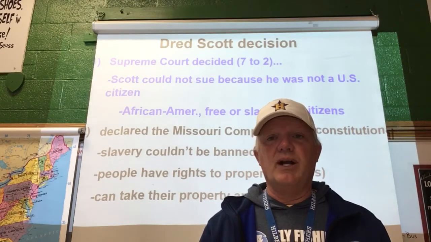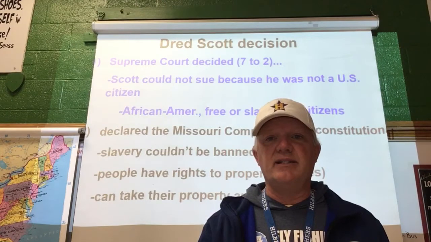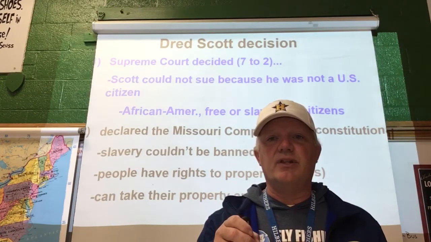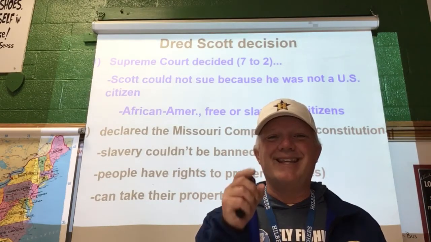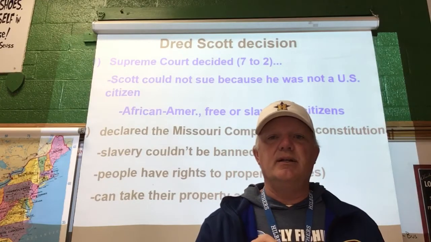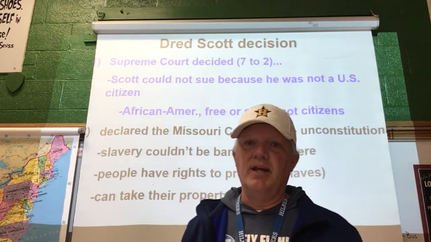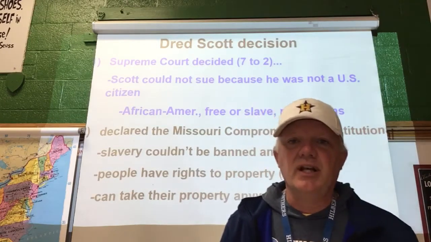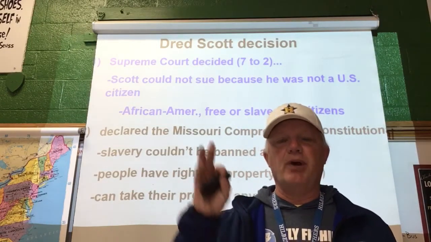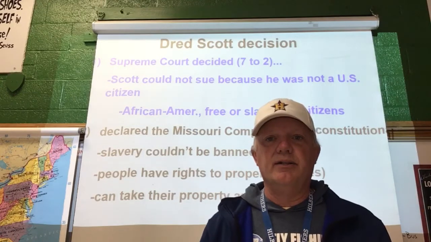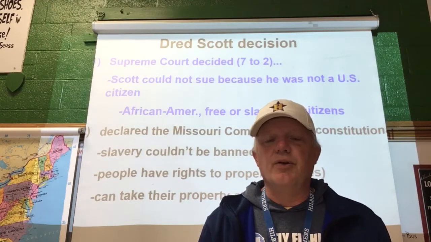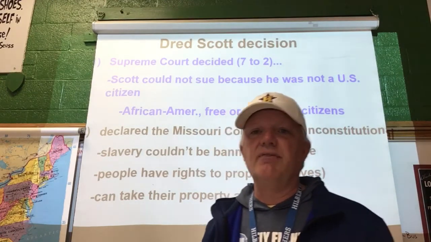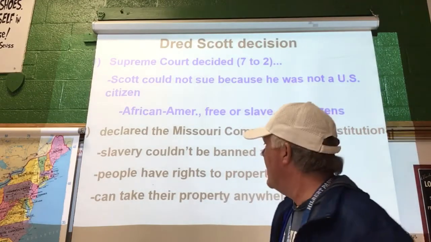So if someone wanted to move anywhere in the United States and take their slaves with them, under the Fifth Amendment, they had that right. The South absolutely loved this decision. They were looking at possibly spreading slavery to the territories in the North. The North, outraged, couldn't believe what was just decided by the Supreme Court.